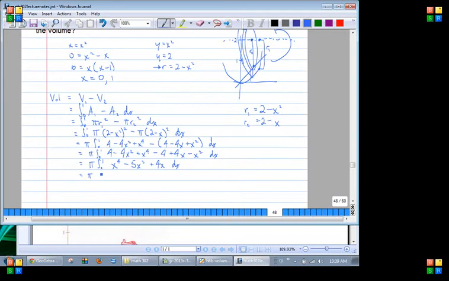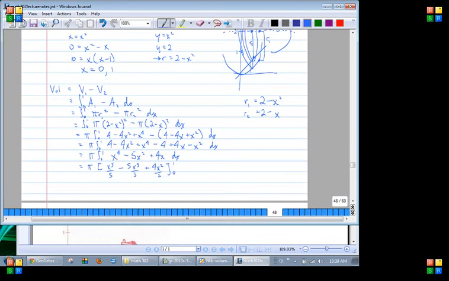Okay. So this is now x to the 5th over 5 minus 5x to the 3rd over 3 plus 4x squared over 2, which of course is just 2x squared. And that's all going from 0 to 1. Okay.